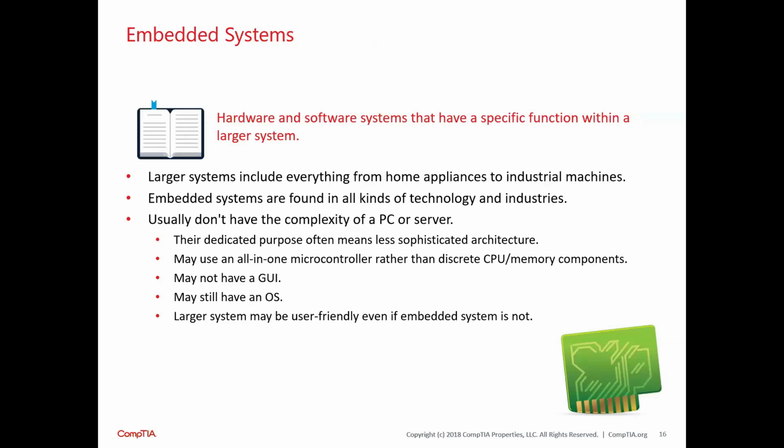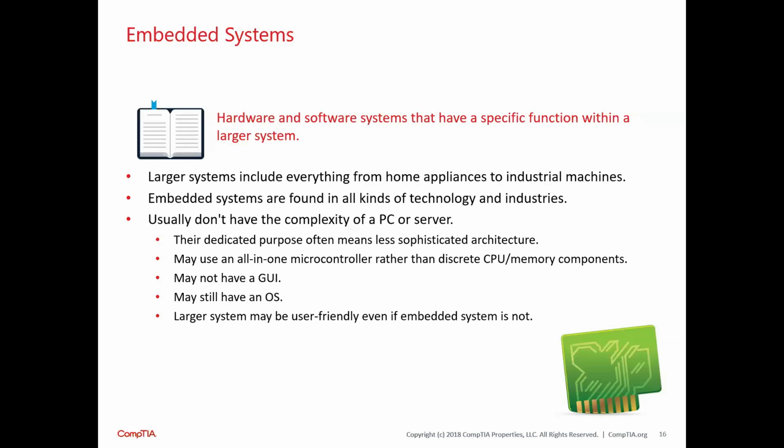And then how about embedded systems? Hardware and software systems that have a specific function within a larger system are known as embedded systems, and usually do not have the complexity of a PC or a server. They may not have a GUI, but still have an OS and are less sophisticated.